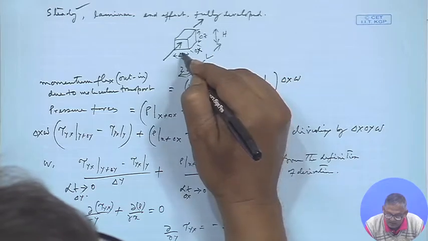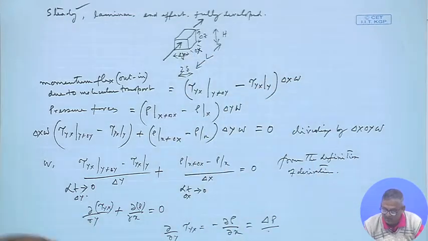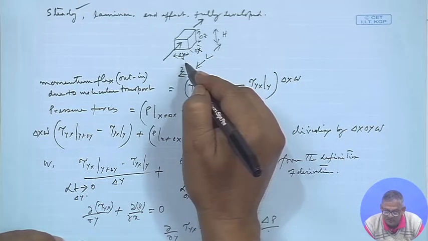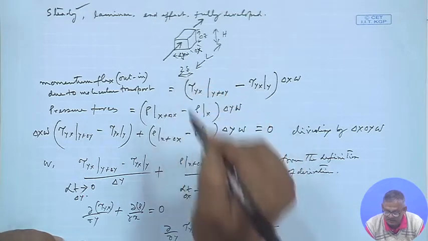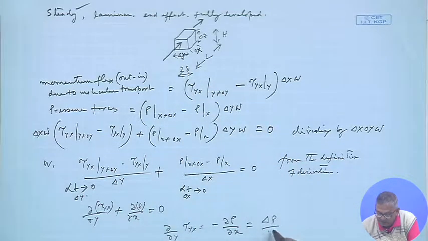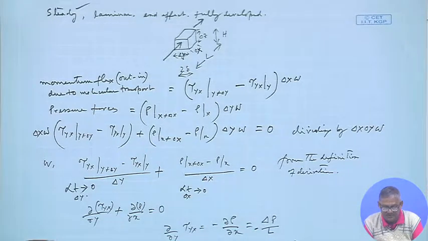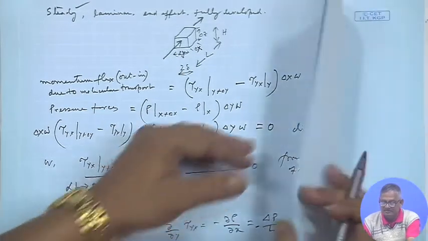This is del x, del y, this area. So, delta p over L, where this is del x if written like that, so minus delta p over L is del del y of tau y x.